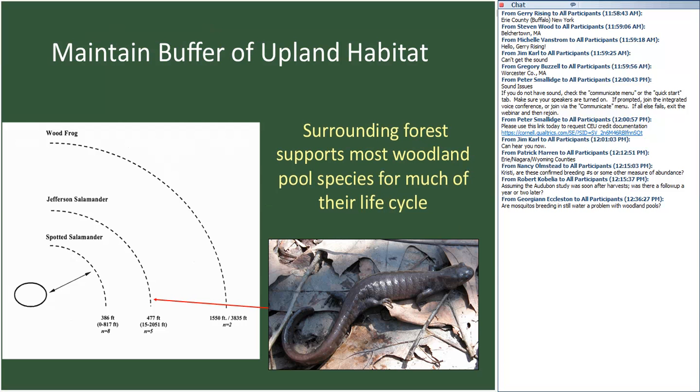They come out early in the spring, move to their breeding pools where they breed and lay eggs, and then they go back to the forest for the rest of the year. So they're dependent upon water features to complete their life cycle, but they're also very dependent on forest habitats. You can see that these animals travel pretty great distances from their pools for the rest of the year.